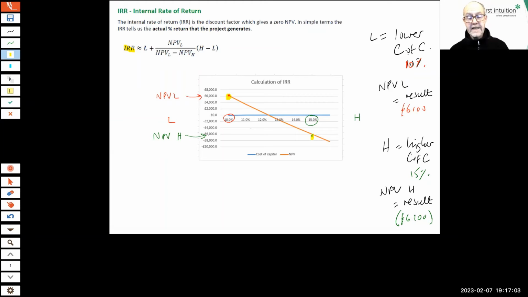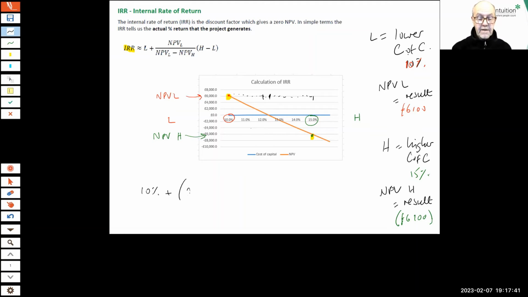And all this formula says is that the IRR is the lower figure, it's 10%, plus this far along this line, so it's actually, I haven't drawn that very well. It's about halfway.